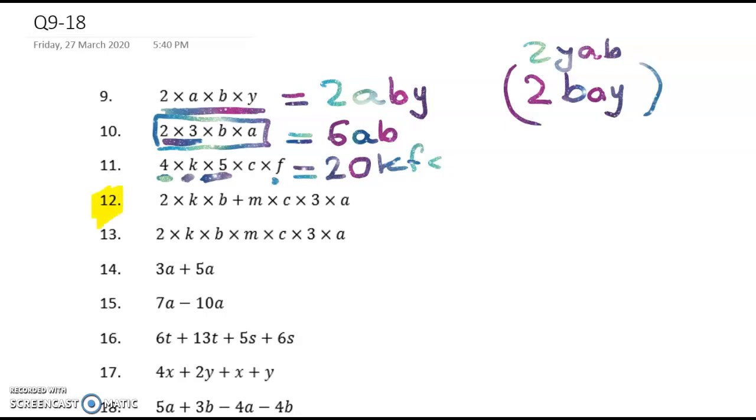Number 12 and number 13 look nearly the same, but they're not. So number 13 has got all multiplication signs. But number 12 has got multiplication signs, then a plus, and then this. So we have to think about our order of operations. What do we do first? Well, first we do this multiplication and this multiplication, and then we add them together. So just clean that up a bit.